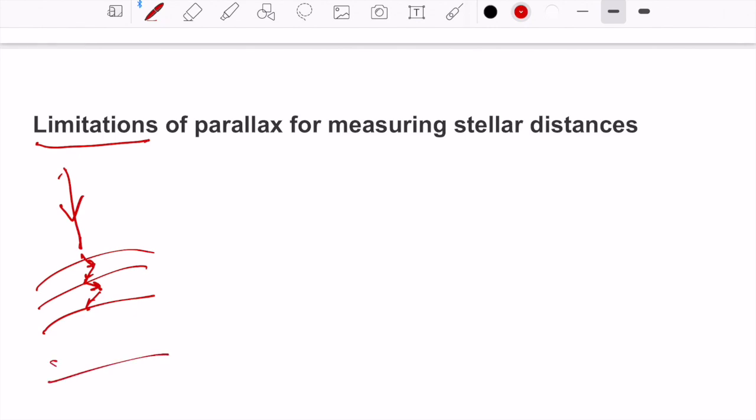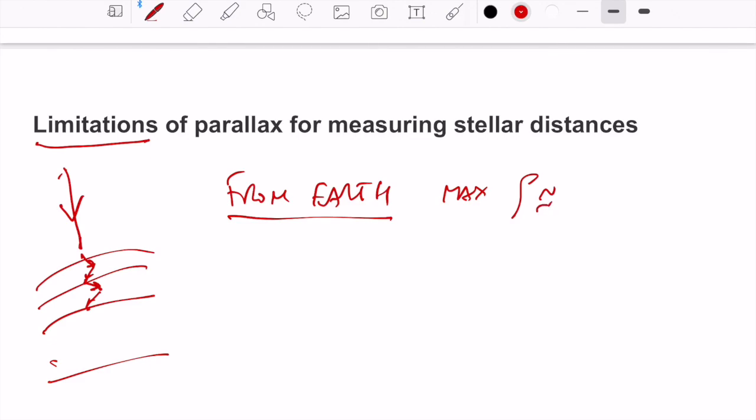So if you're measuring angles from Earth, it is very difficult to measure small angles. The maximum angle that we can measure from Earth, considering this effect, is probably around 0.01 arc seconds.